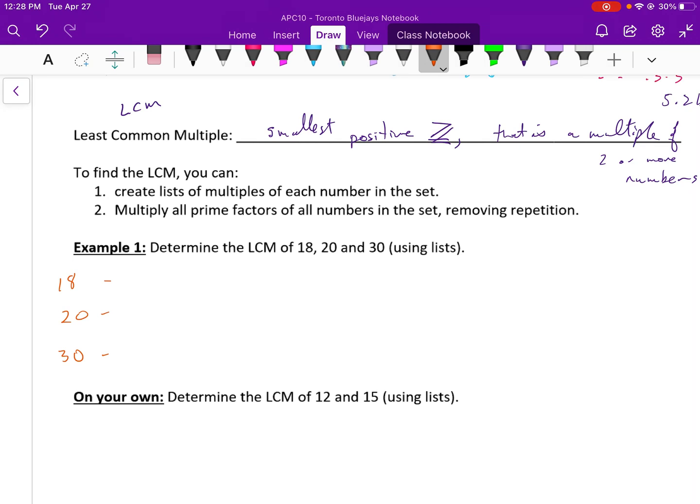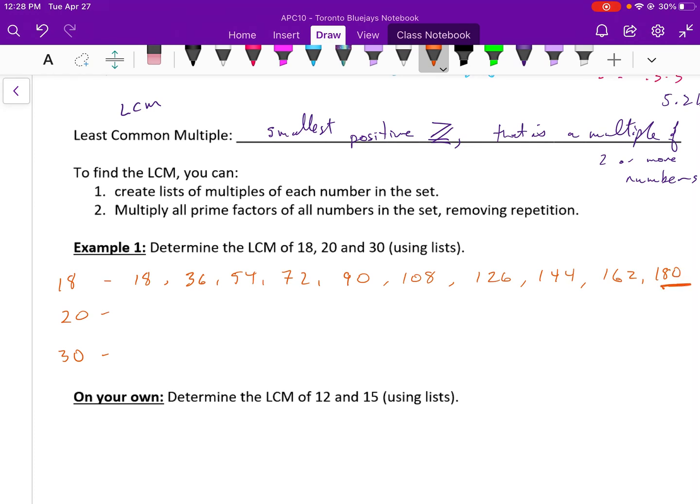Counting multiples of 18: 18 times 1, 18 times 2, 18 times 3, 18 times 4, 18 times 5, 18 times 6, 18 times 7, 18 times 8, 18 times 9, 18 times 10.